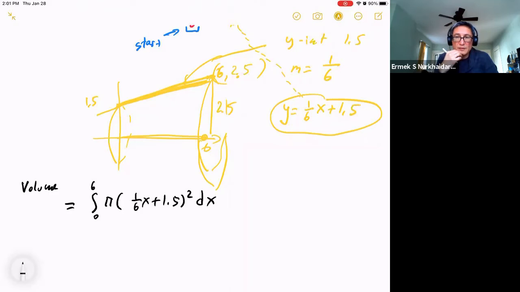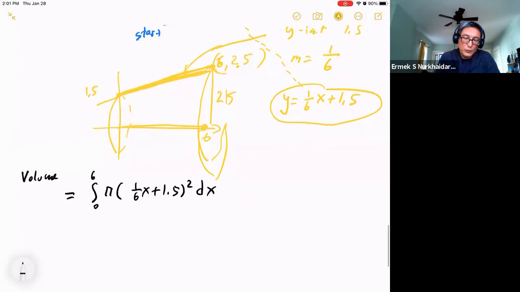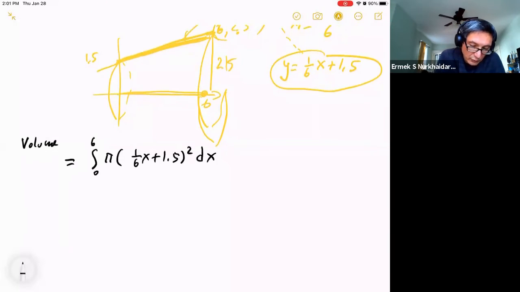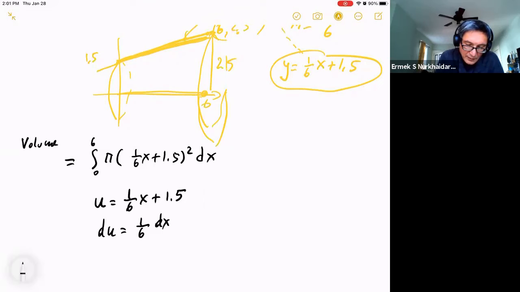So decide which method is better for you, which is easier. It looked to me that substitution will be the easiest way to do the calculations here. So I'll do substitution u equals 1 over 6x plus 1.5. Then du equals 1 over 6 dx, so dx equals 6 du.